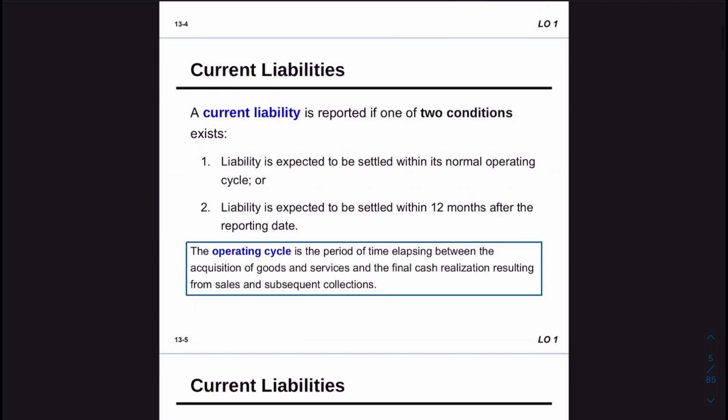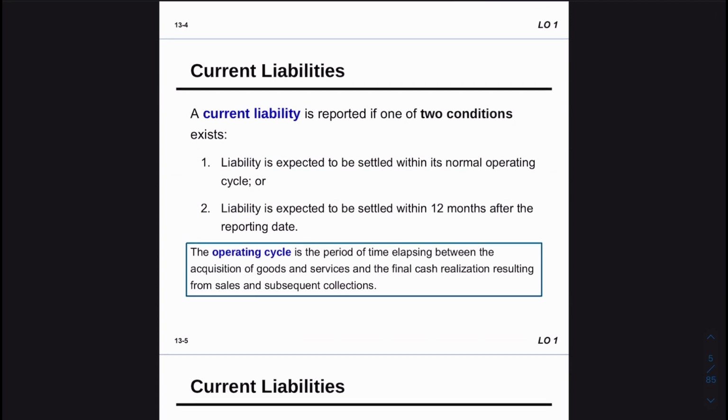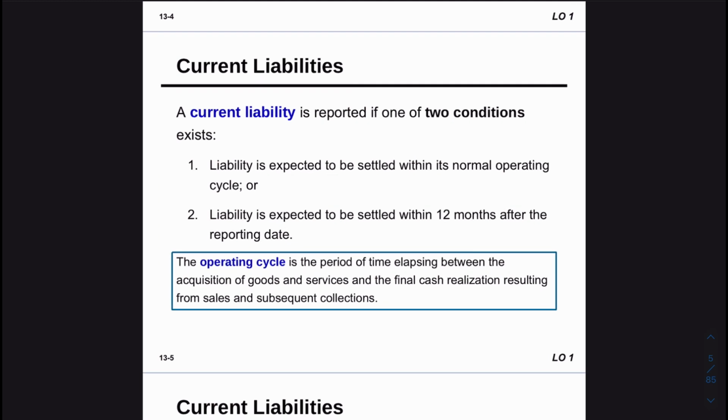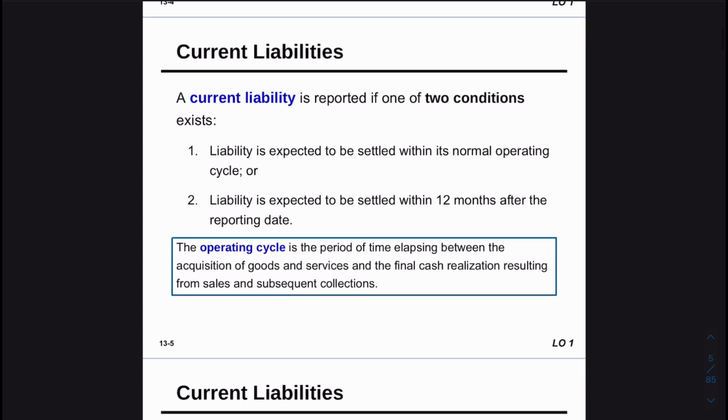A current liability is reported if one of two conditions exists. First, the liability is expected to be settled, which means paid, within its normal operating cycle. You'll probably ask, what is an operating cycle? Let me give you a reminder.